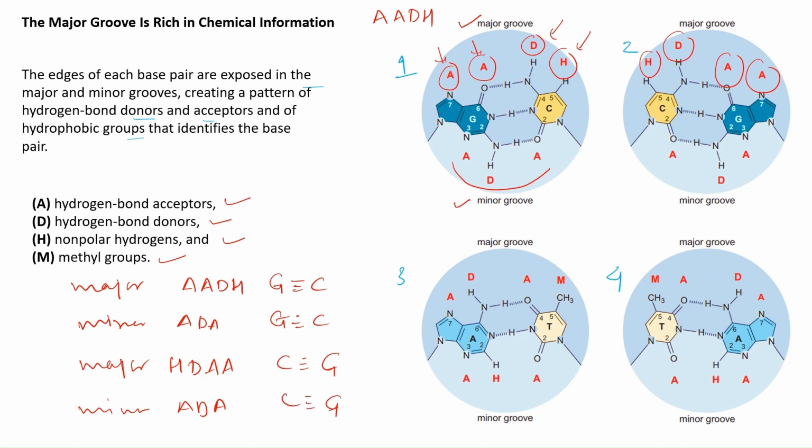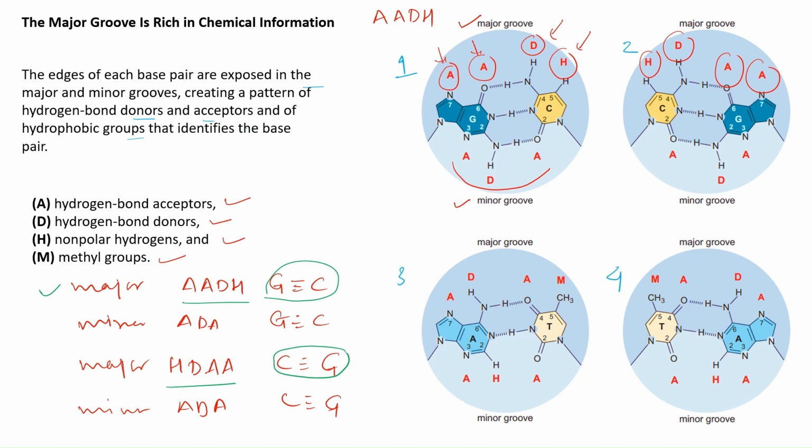Now with this we can understand that there is a difference. From the major groove, we can easily understand whether G pairs with C or C pairs with G. With G pairs with C, it is AADH. When C pairs with G, it is HDAA. So this can be differentiated.